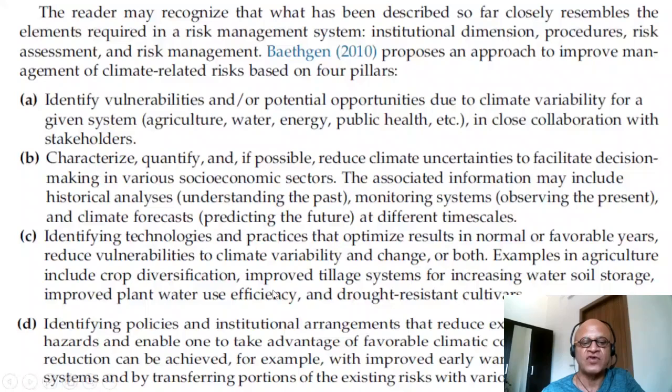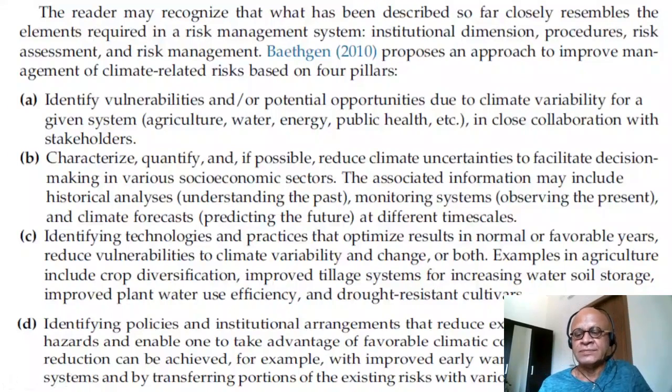and then try to reduce vulnerabilities with forecasts. Identifying policies and institutional arrangements that reduce exposure to climate hazards and enable one to take advantage of favorable climatic conditions. Exposure reduction can be achieved, for example, with improved early warning and response systems, and by transferring portions of the existing risks with various forms of insurance.